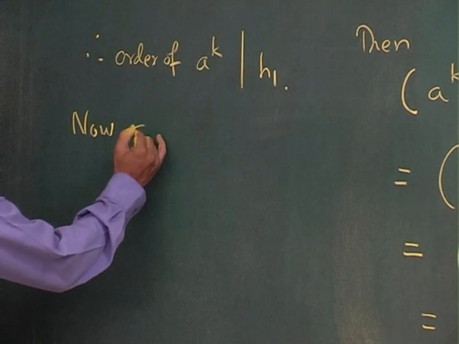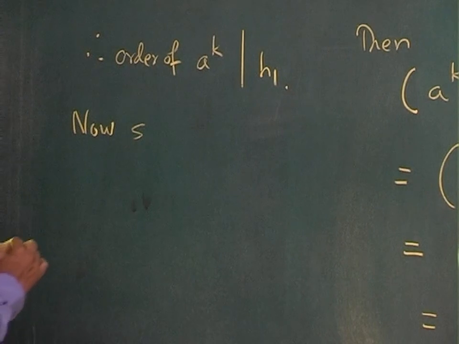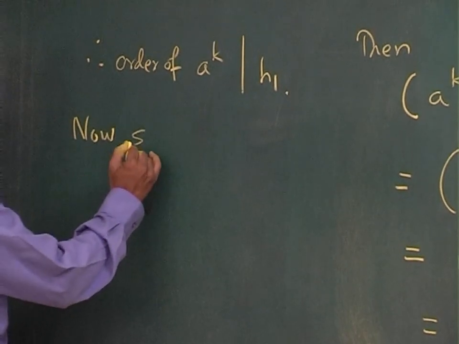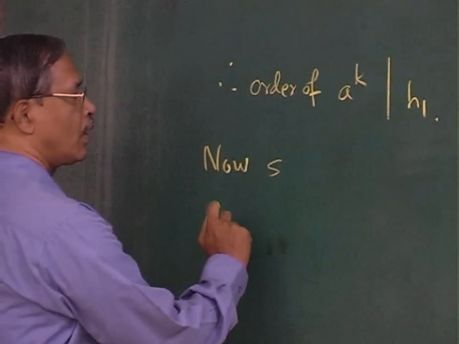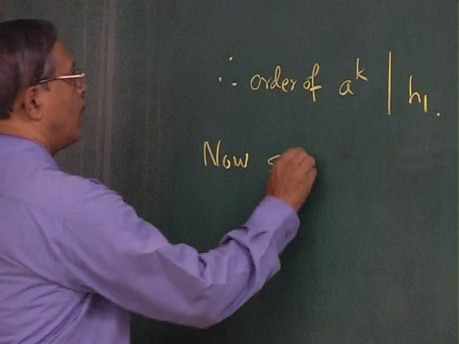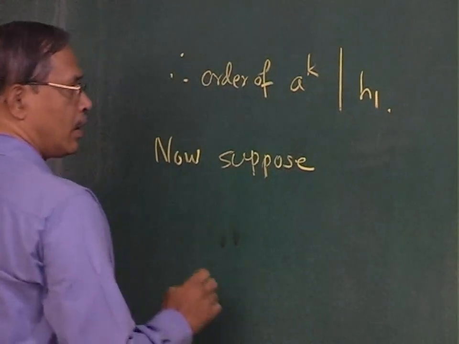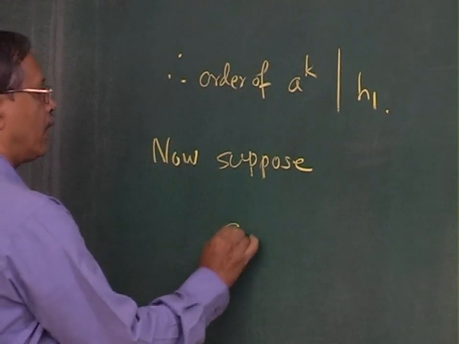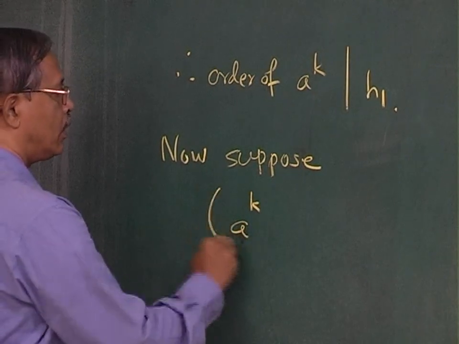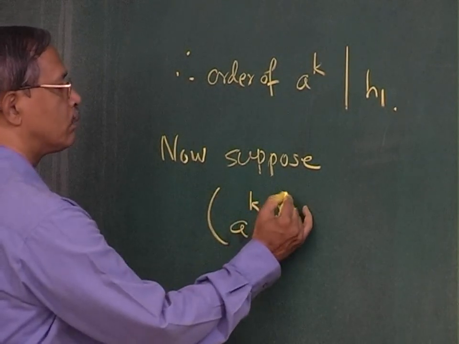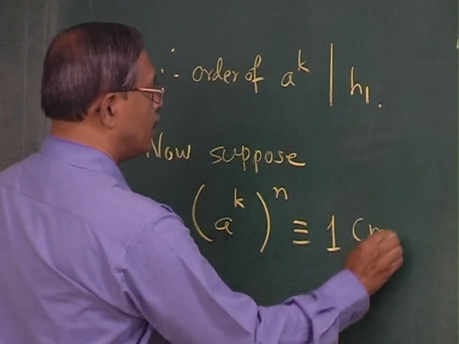Suppose some power, a raised to k raised to n, is congruent to 1 mod m.